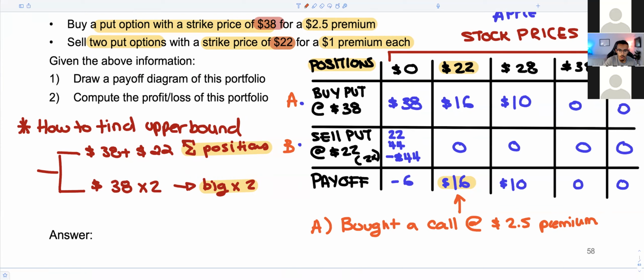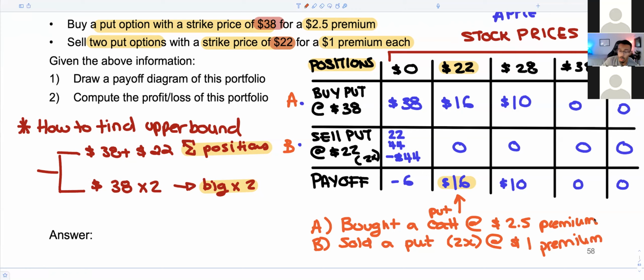But also, we sold a put, my bad. We sold a put 2 times, so 2 puts at a $1 premium, such that somebody purchased these options from us at a $1 premium each. So we made $2 from the sale.